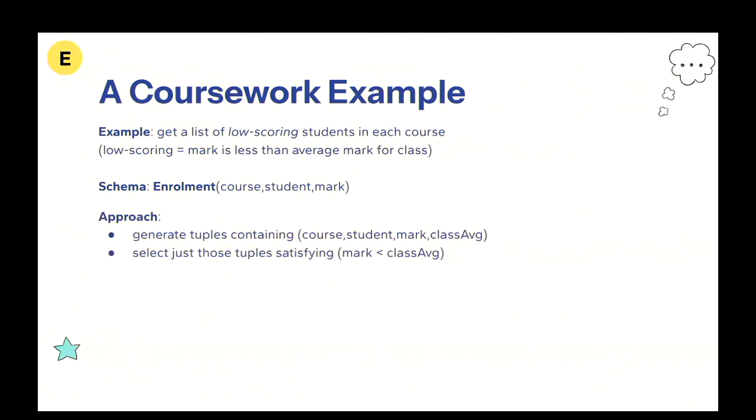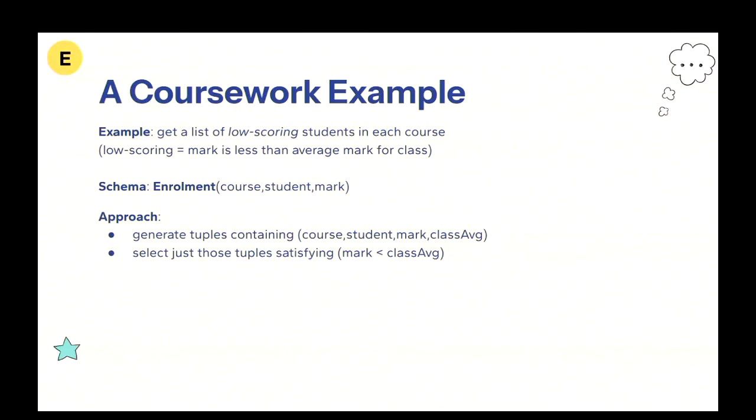So our approach here is we can generate a relation or a temporary table that contains the information of course, student, mark, and class average.